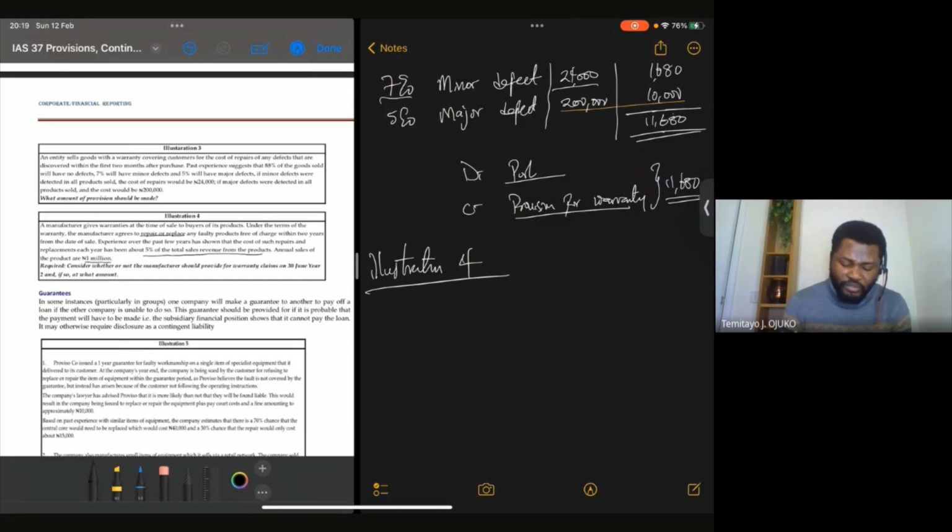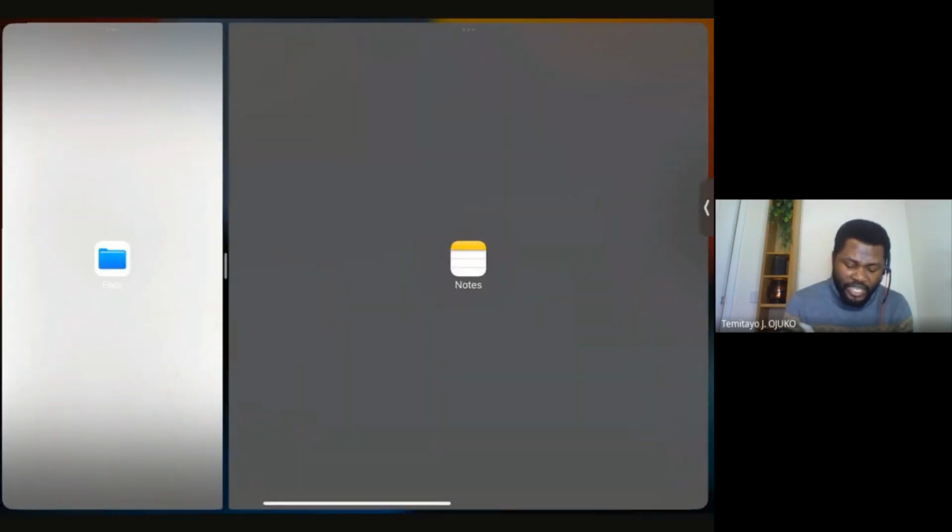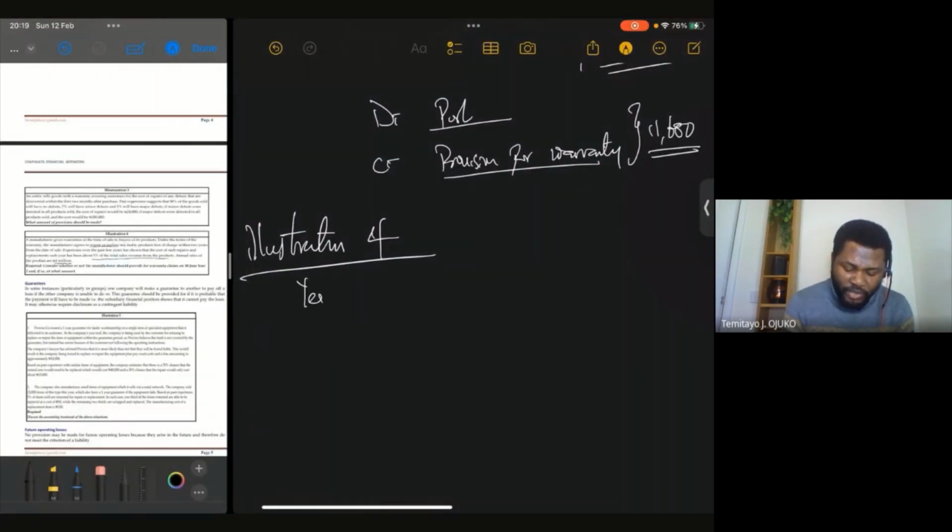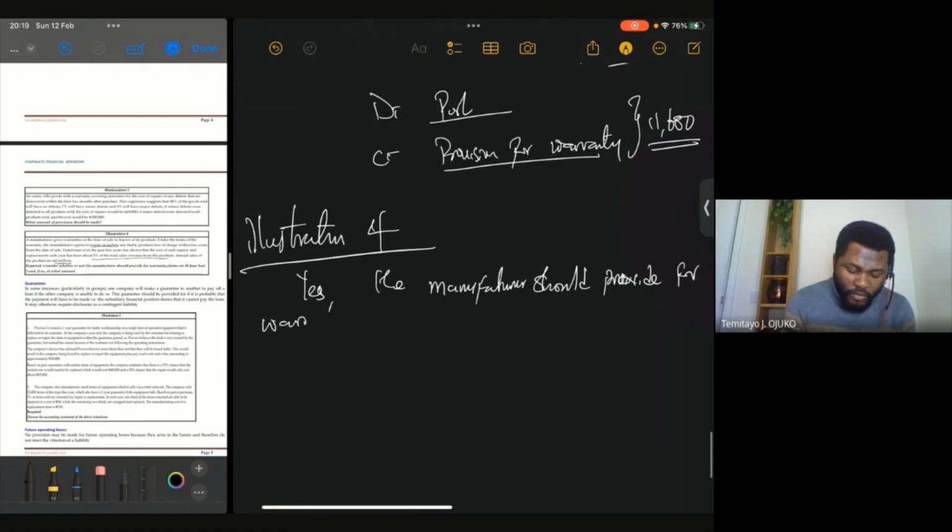So in this question, it is as simple as saying yes, the manufacturer should provide for warranty, right? The manufacturer should provide for warranty.